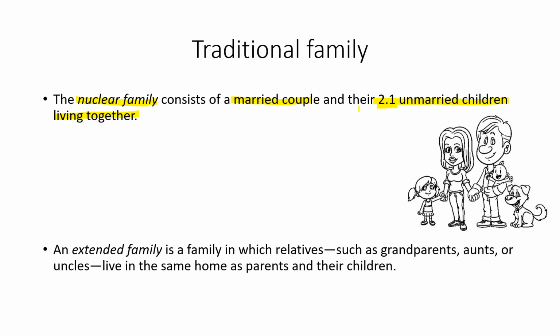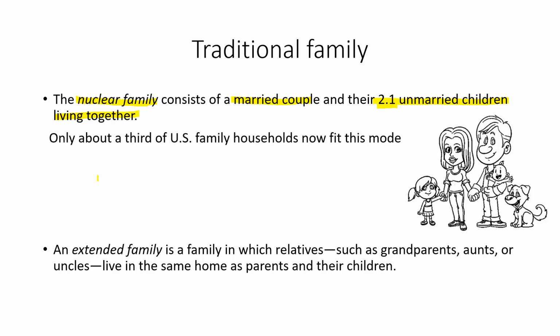So we are below the replacement ratio, as are most industrialized societies. Either they already are or approaching that. We'll talk about that more later on. There's only about 1/3 of the U.S. family households that fit this particular nuclear family model.